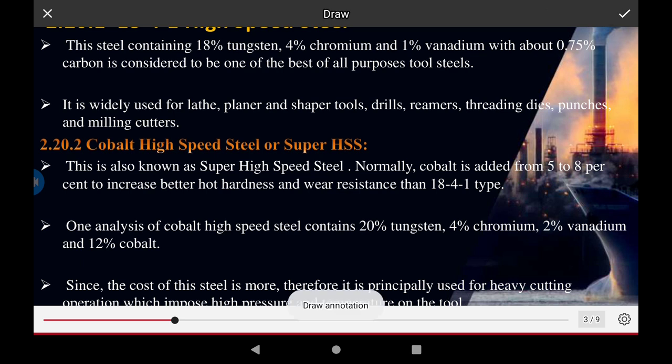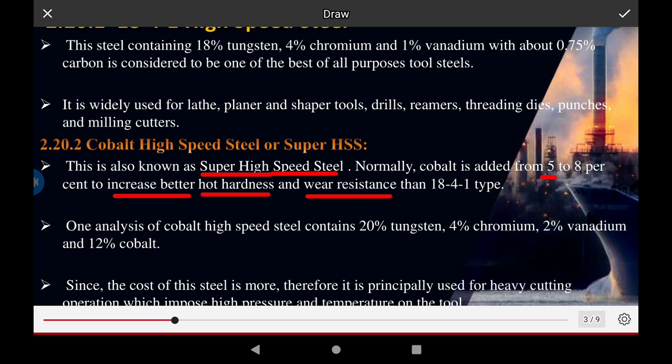Cobalt high speed steel, also known as super high speed steel. It contains cobalt, normally added from 5 to 8% to increase hardness and wear resistance.